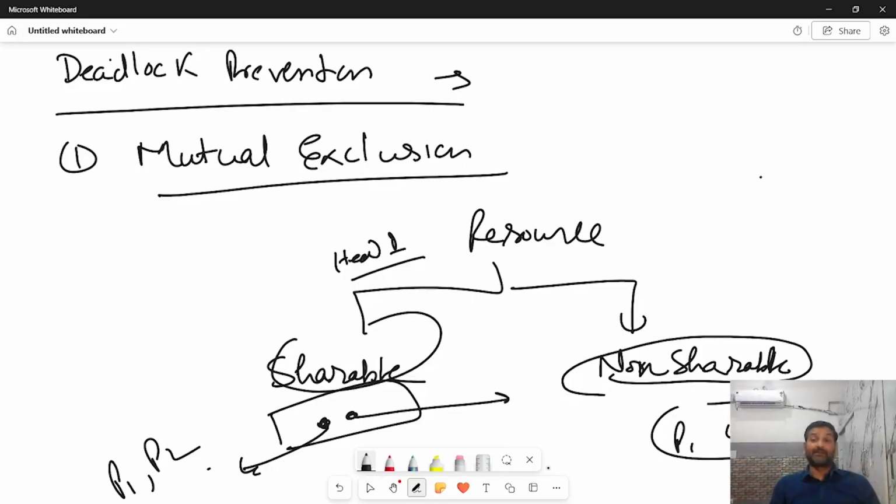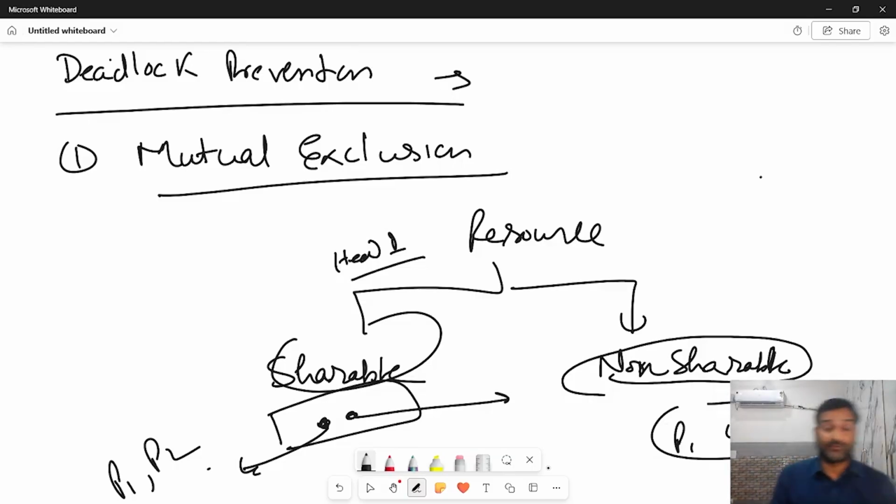So non-shareable resources can be provided to only one, and shareable can be provided to more than one. Shareable means it has multiple instances and may be provided to more than one process. Shareable means it can be shared, and non-shareable means it cannot be shared.